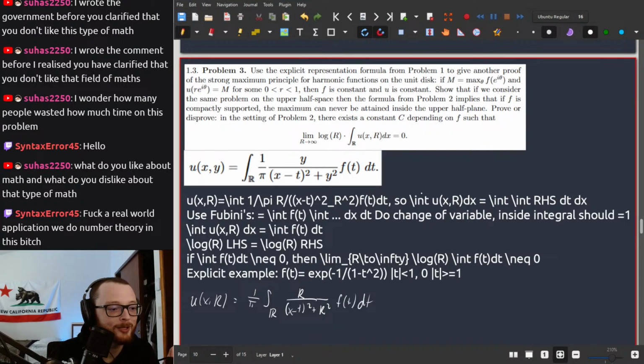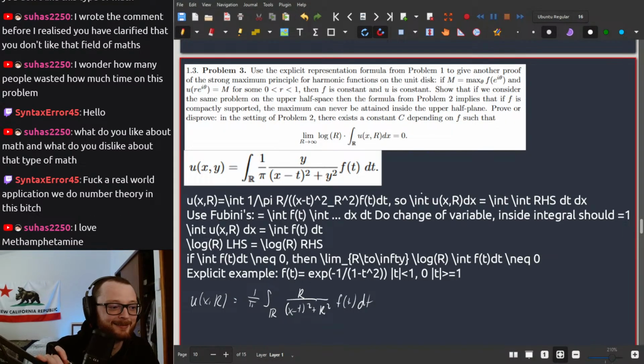Fuck a real world application, we do number theory in this bitch. I mean, cryptography would like a word, but yeah. I do like to harp on number theory, as it's usually one of the fields where the people who like number theory really don't like their math being applied. And the other area I think is abstract algebra. You love methamphetamine?